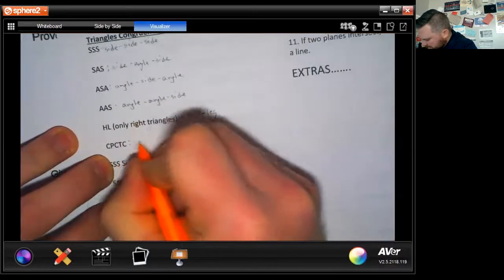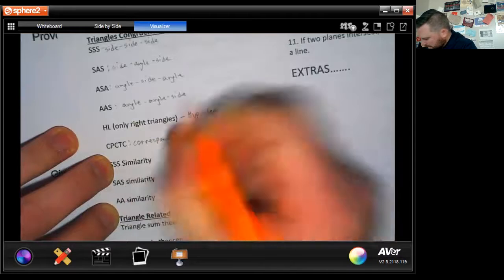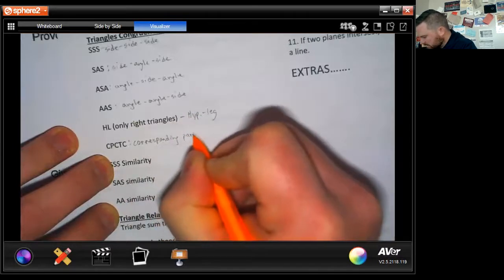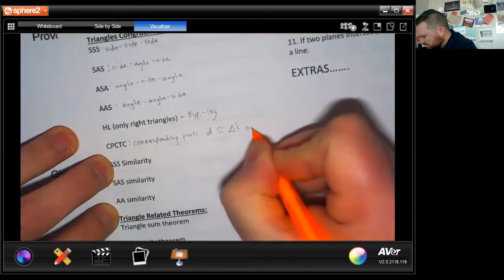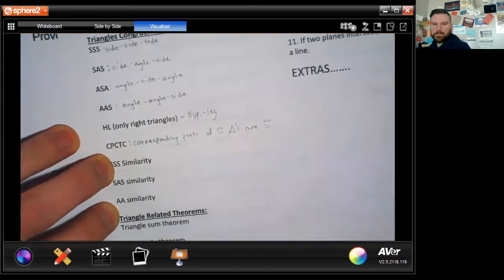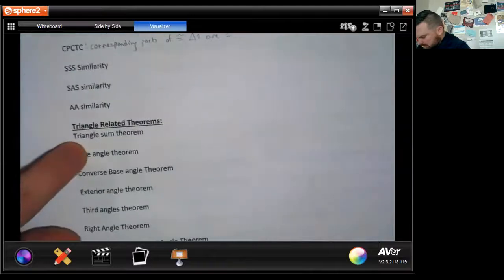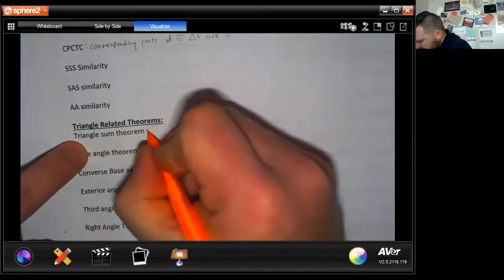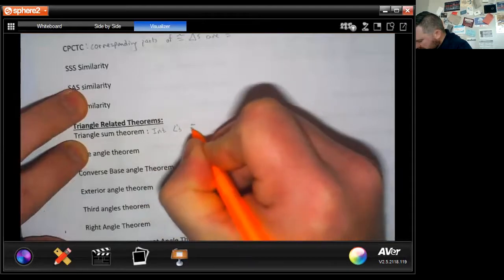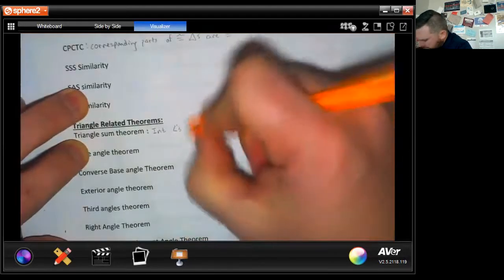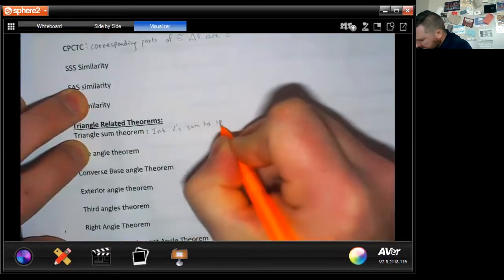CPCTC, corresponding parts of congruent triangles are congruent. We haven't got to the similarity stuff. That'll be next semester. Triangle sum theorem. Interior angles sum to 180.